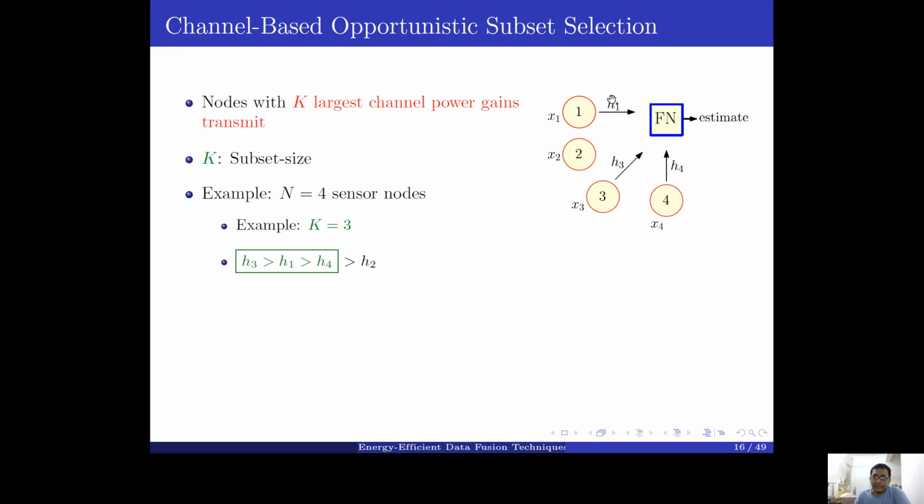For example, here you have 4 sensor nodes in the network, and we want to transmit the nodes with the 3 largest channel power gains. Based on this ordering, you can see that nodes 1, 3, and 4 are eligible for transmission.